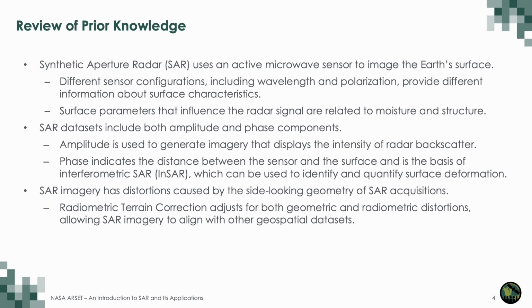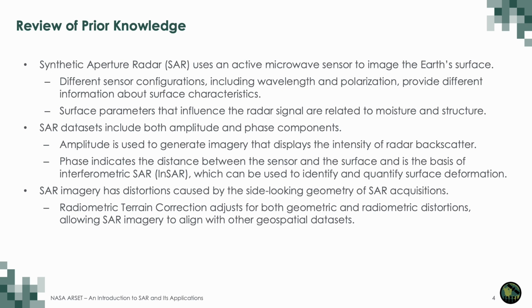Let's start with a review of prior knowledge. SAR is an active microwave sensor that images the Earth's surface. It uses different sensor configurations, including wavelength and polarization, to provide different information about surface characteristics. The surface parameters that influence the radar signal are related to moisture and to structure. SAR datasets include both amplitude and phase components. The amplitude is used to generate imagery that displays the intensity of the returned signal.